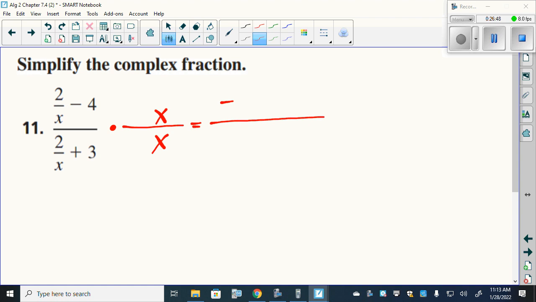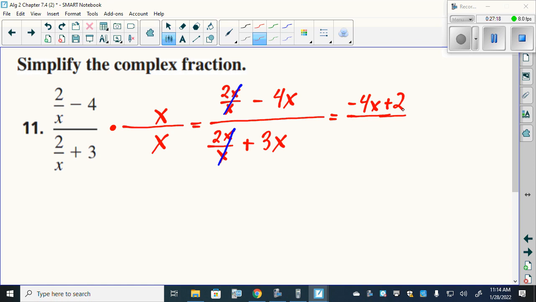well, we would get 2x over x minus 4x. In the denominator, we would get 2x over x plus, and well, x and x cancel, leaving us with negative 4x plus 2, and I flipped them because I like having the variable first.